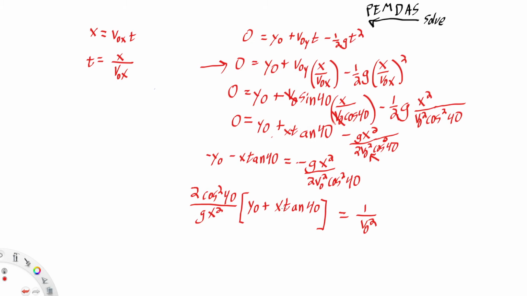If we take the reciprocal of both sides, we have g x squared over 2 cosine squared 40 times y0 plus x tan 40. And then we will square root the whole thing.